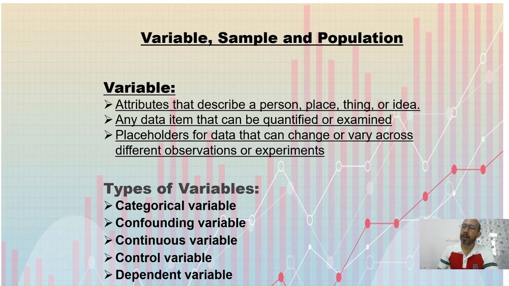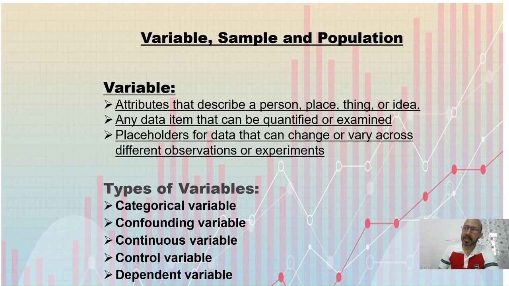Characteristics or qualities that can be counted or measured. Any data item that can be quantified or examined. Placeholders of data that can change or vary across different observations or experiments.